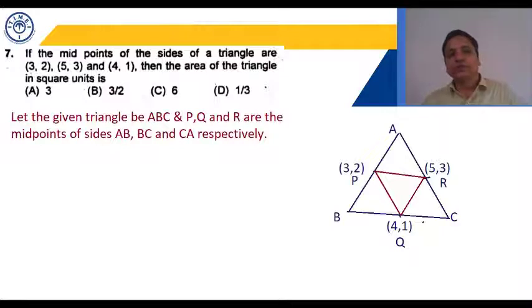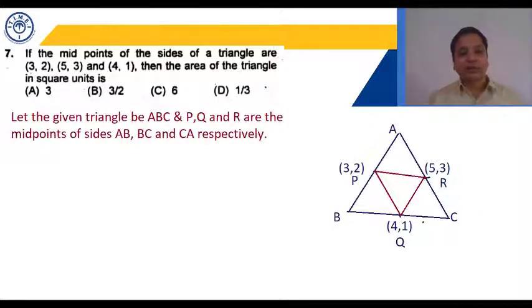The other approach is to find the area of the triangle PQR, because we know the vertices of PQR. We can directly find the area of the triangle. Now remember one point. The triangle obtained by joining the midpoints of the three sides of any triangle has an area that is 1/4 of the area of the whole triangle.